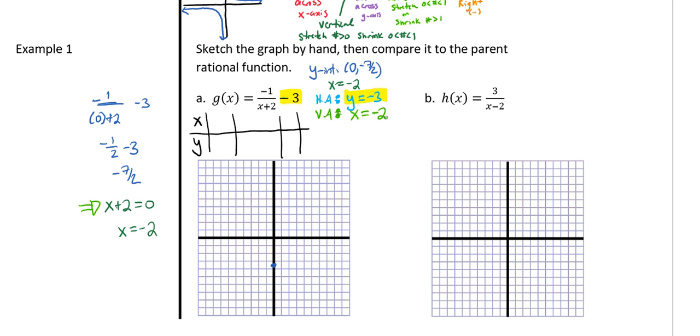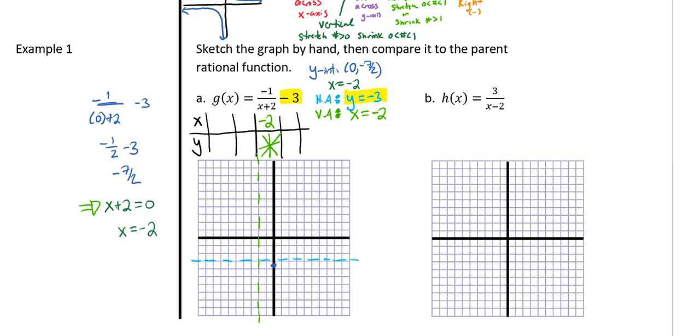So let's graph our correct asymptotes. So we'll have our horizontal asymptote at y equals -3. And then we have our vertical asymptote at x equals -2. And now we're ready to go ahead and make our table. So we're going to put our vertical asymptote, -2 there, and we know that nothing's going to equal that, right?